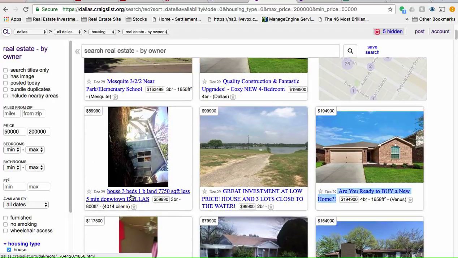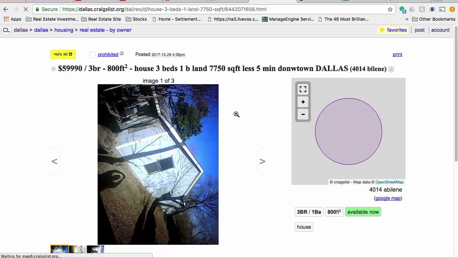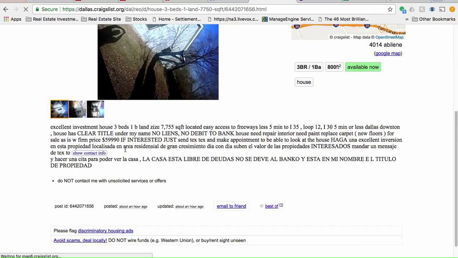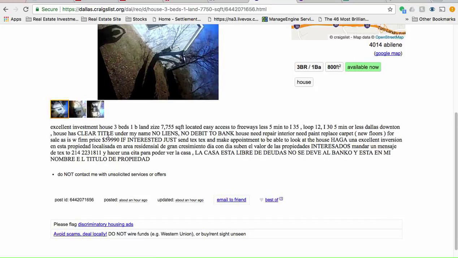So what you want to do, once you've seen a listing like this, you want to click on it. And I'm going to give you the criteria that you want to use when assessing this stuff. But you want to click on it, read briefly. So excellent investment house, no liens, no debt to the bank, house needs repair, interior needs paint, replaced carpet, yada yada yada.